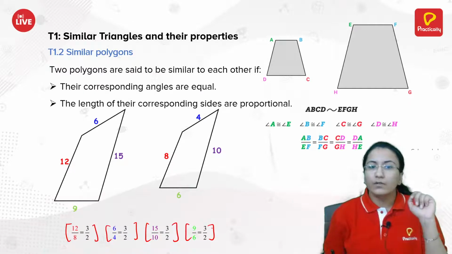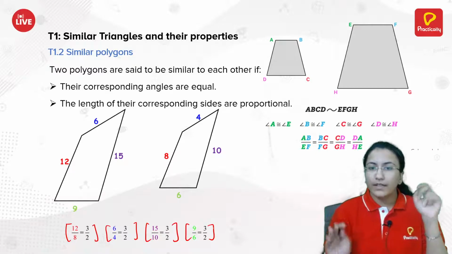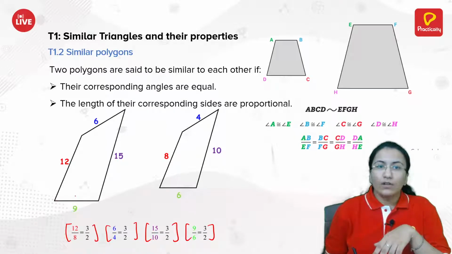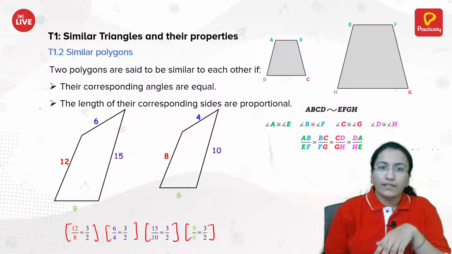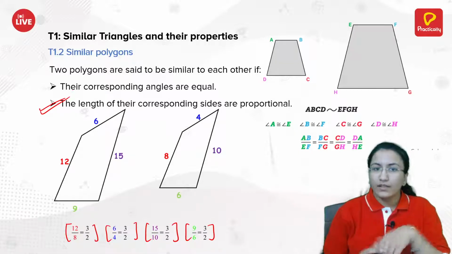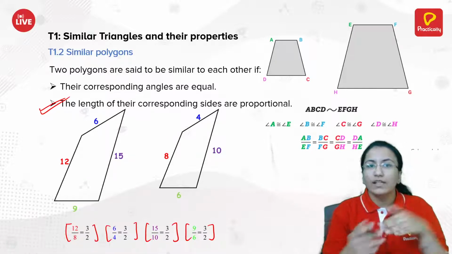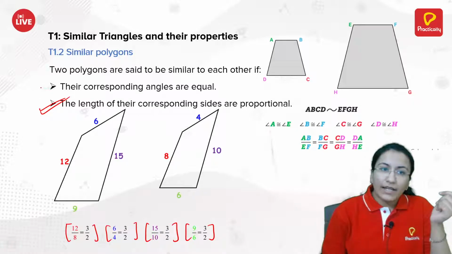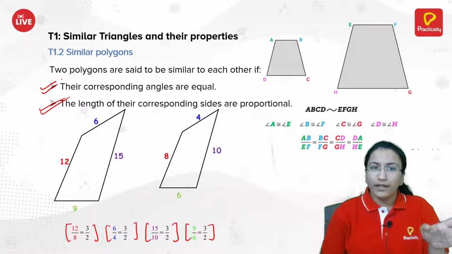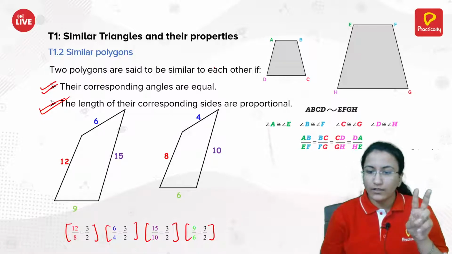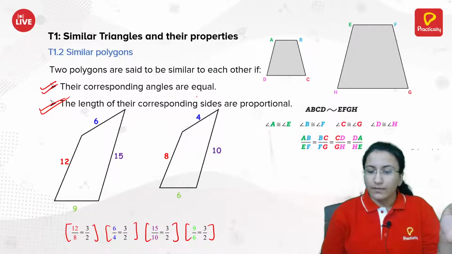If they are all equal to 3 by 2, that means all of them are equal to each other. So their corresponding sides are proportional. If their corresponding sides are proportional, that means they are similar. If either of the results is satisfied by any two polygons, then they are definitely similar.